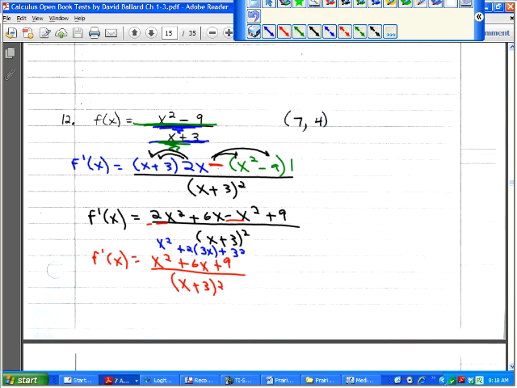And so we have a binomial square expansion. You may have seen that this is like the binomial x plus 3 times itself. Would you recognize that as a perfect square trinomial?